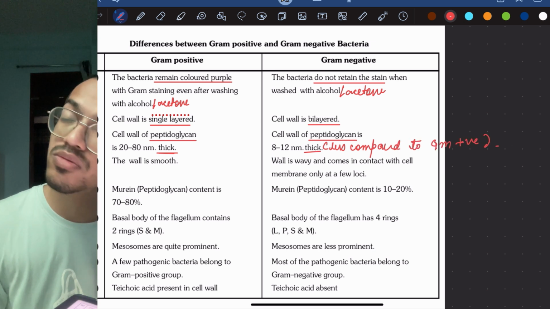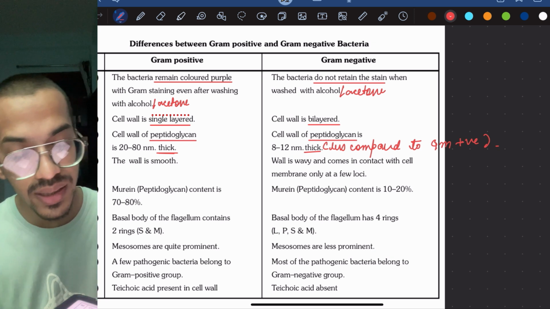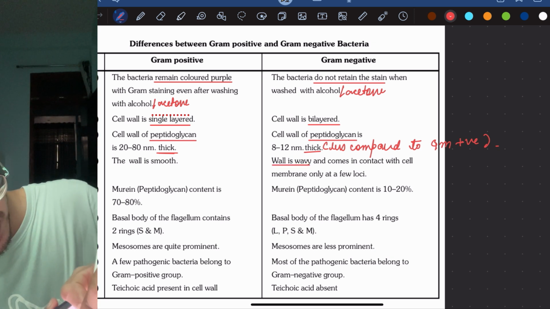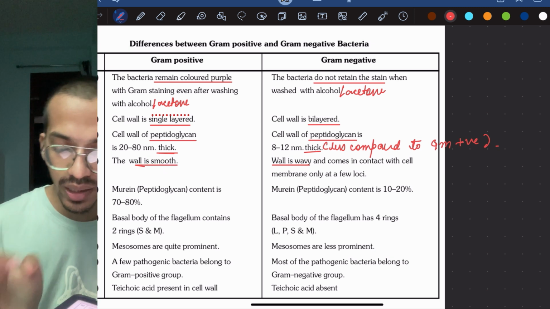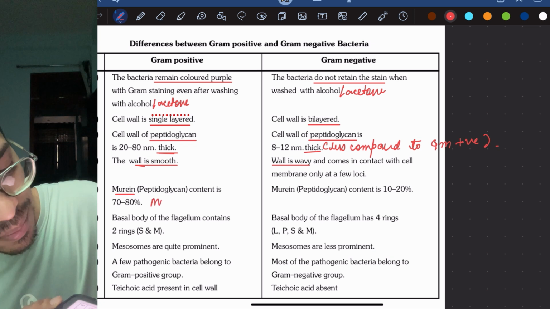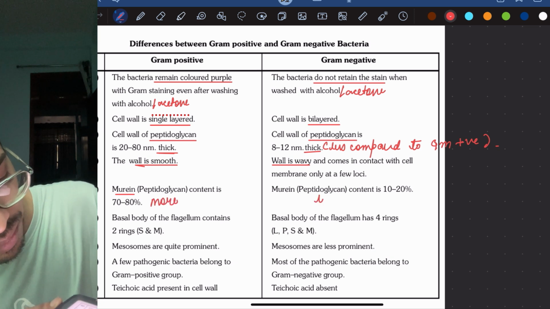Then the wall is smooth here, and here the wall is wavy. Then it has more murein content. It has comparatively less peptidoglycan.